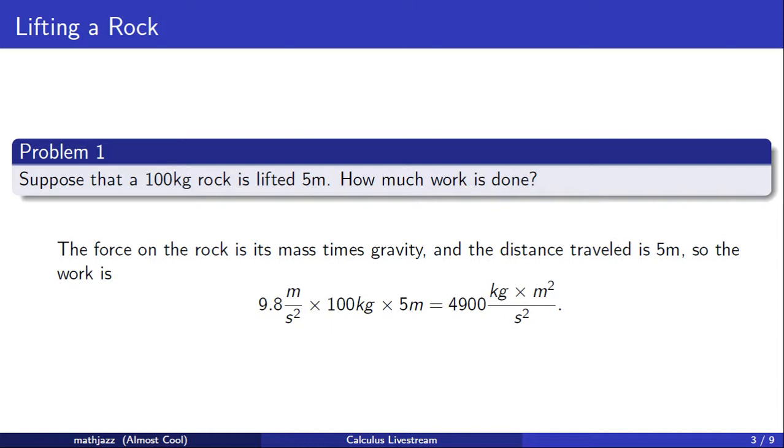But when we're pumping water, that's not a rigid object, and the water that's at the bottom of our tank or further along the pipe has to travel a different distance than the water at the top of a tank or closer along a pipe.